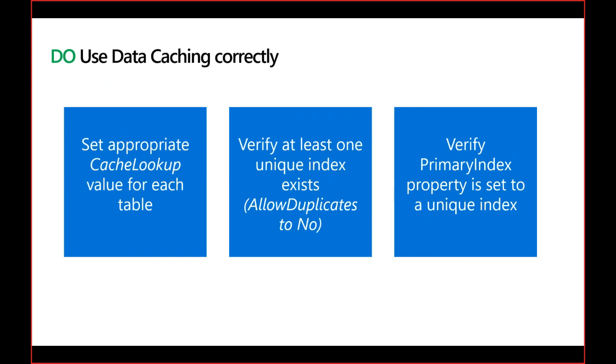For example, we still see a lot of tables which are created without a cache lookup property. If you do not set a cache lookup property at the table level, you cannot use the data caching correctly for that table.